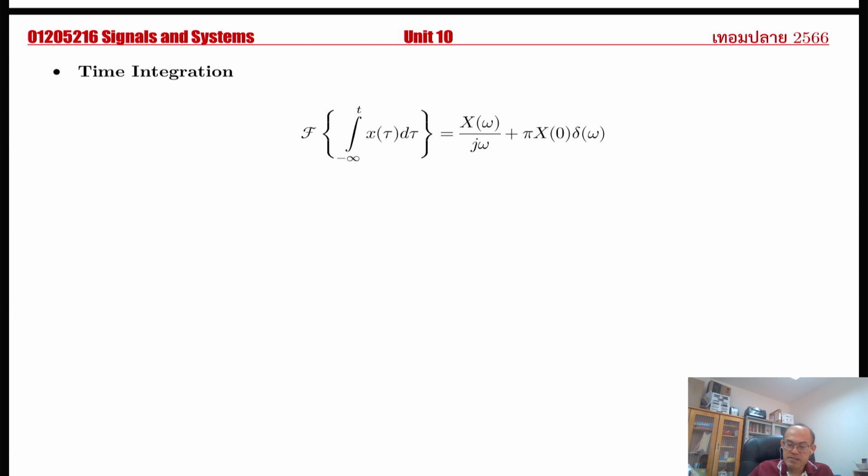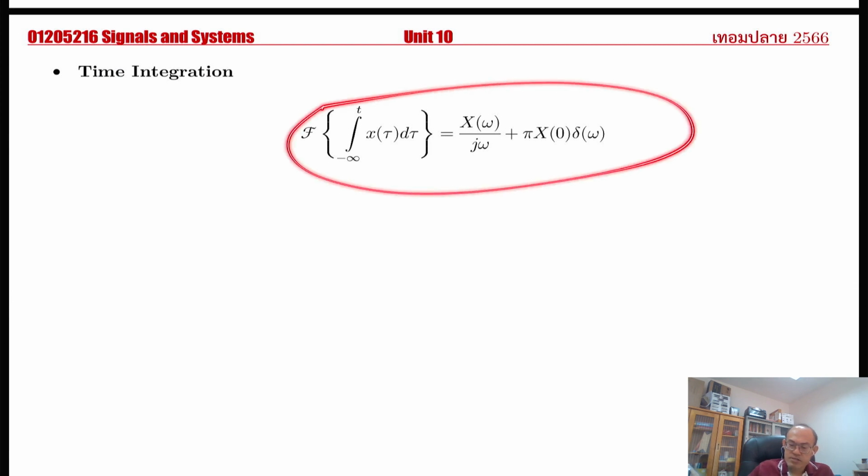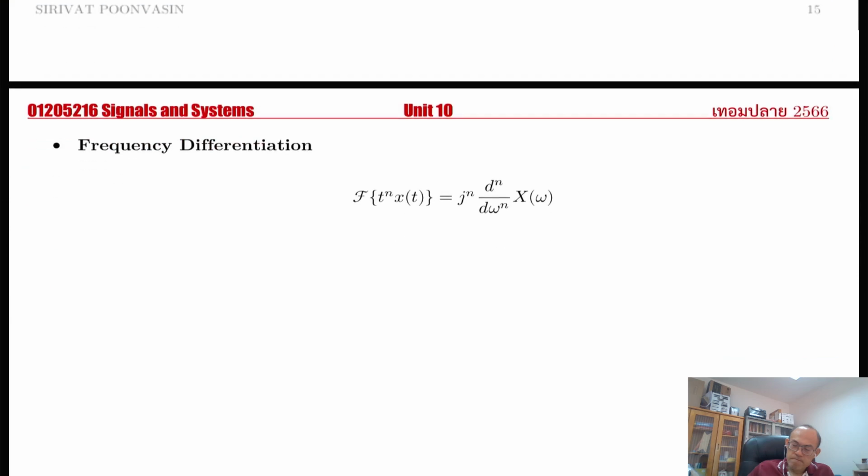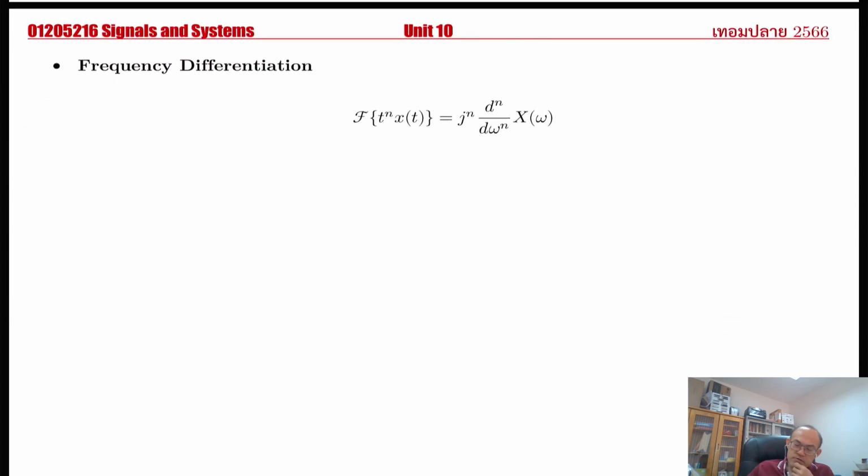The next property is called time integration. We are integrating x of tau from minus infinity to t, and the result would be this one, right? And the next one is called frequency differentiation.